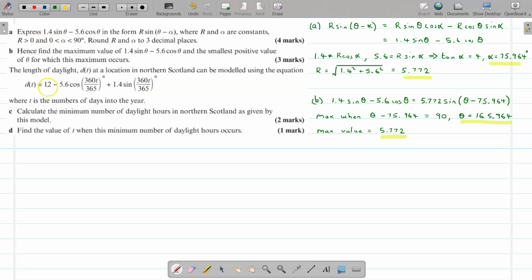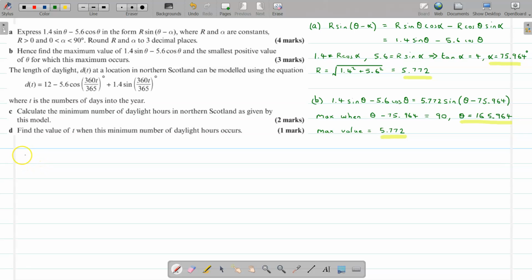But they've also added a 12 to it by putting the 12 in front, and they've changed the theta to this thing here, 360t over 365. And t is the number of days into the year, and the model gives the length of daylight time at a location in northern Scotland.